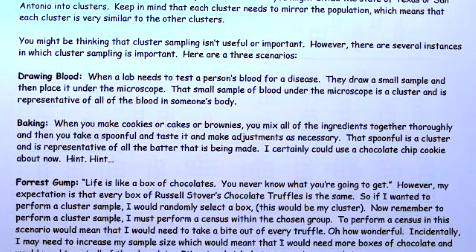You don't have to taste all of it. You just taste one spoonful, and that one spoonful has all the ingredients mixed together. It has the flour, the sugar, the butter, the chocolate chips. It has everything mixed together. And once you taste it, you have a representative sample of the entire batch.